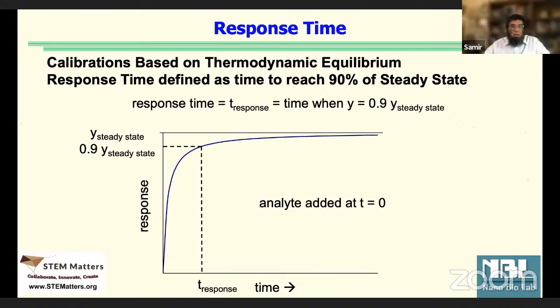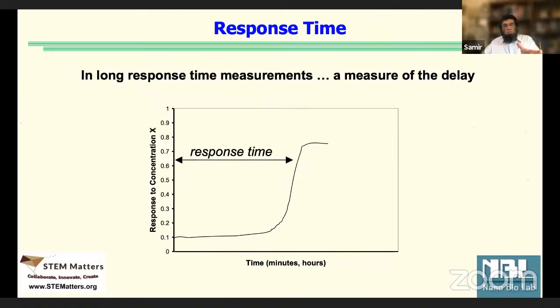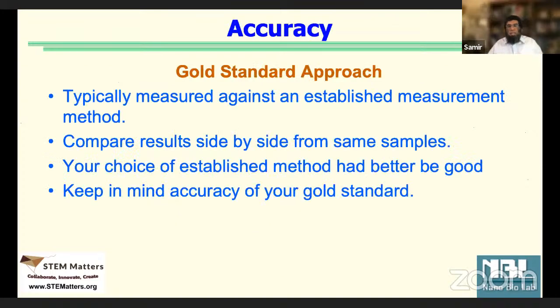That's what we call response time. In other words, we have to know how long it takes to get an actual measurement from the system. If you remember silicon nanowires, there was a presentation on that. They always show in the plot where the analyte has been added and where you start getting the signal. If you remember those graphs, it's a big metric of the response time of that system.